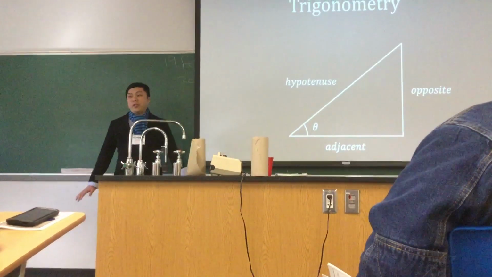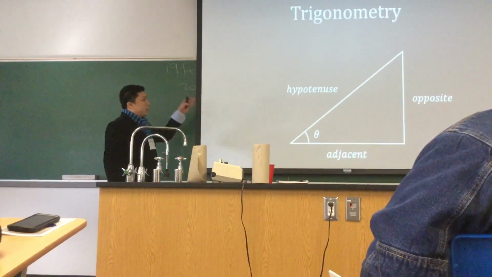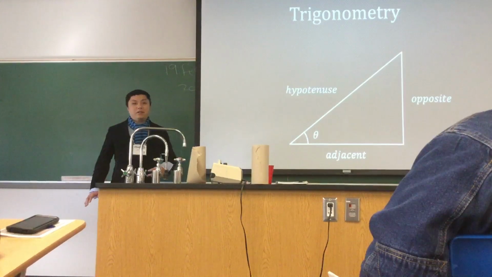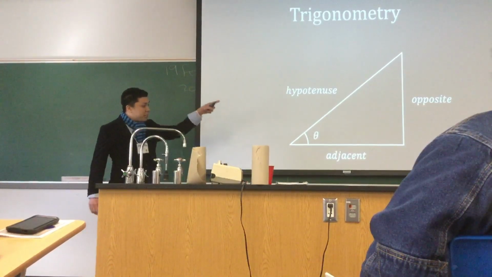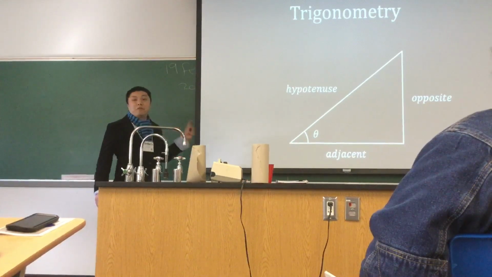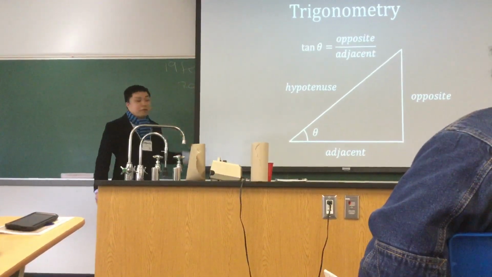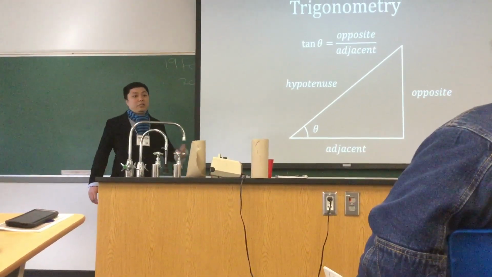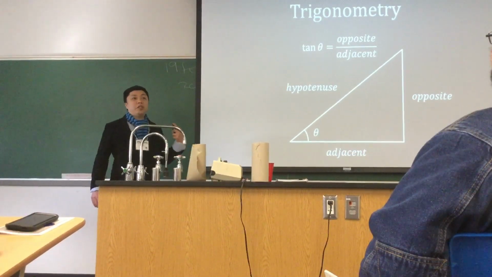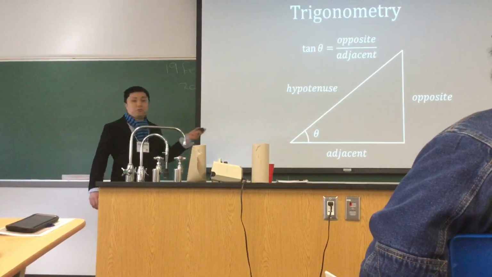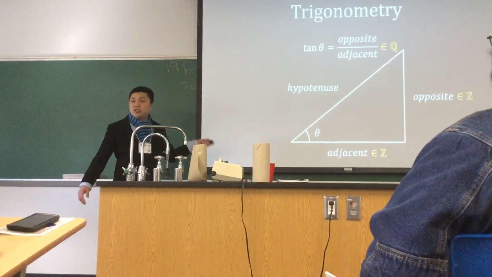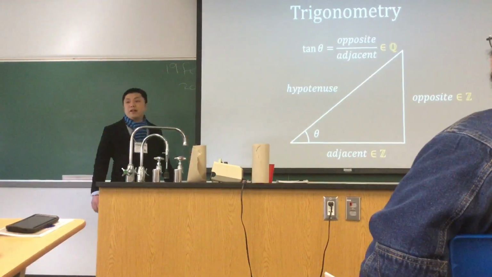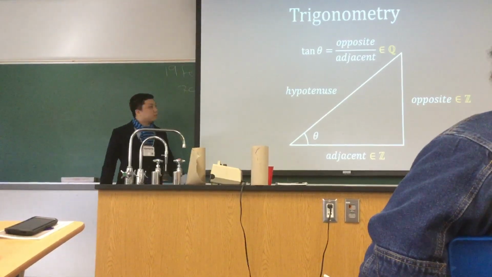So before going into the new way, I want to explain what's trigonometry, what's tangent, although you all know there's opposite side and adjacent side, so it's a ratio of opposite over adjacent. In order for tangent theta to be rational, if you can find a right triangle with some integer opposite side and integer adjacent side, then you will find a rational tangent.